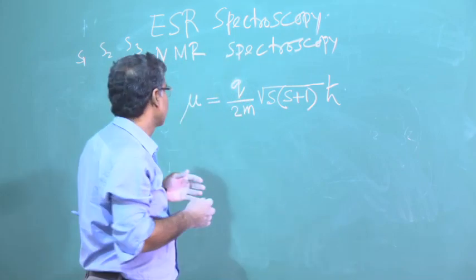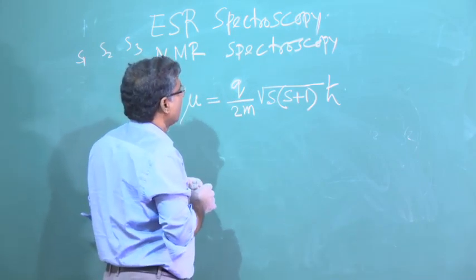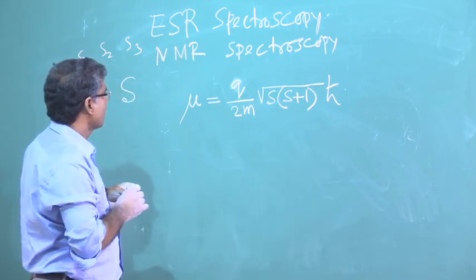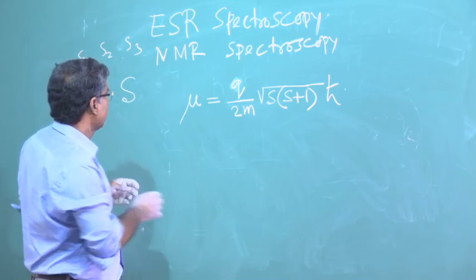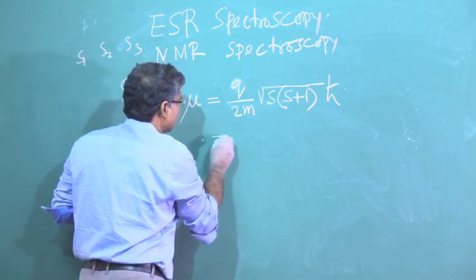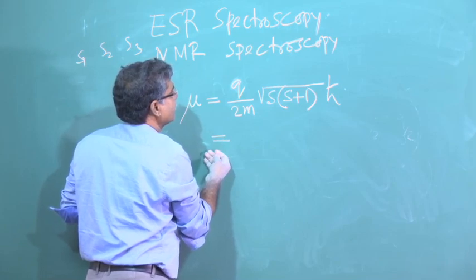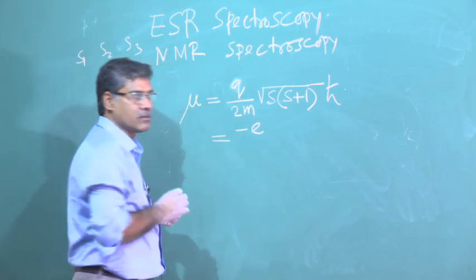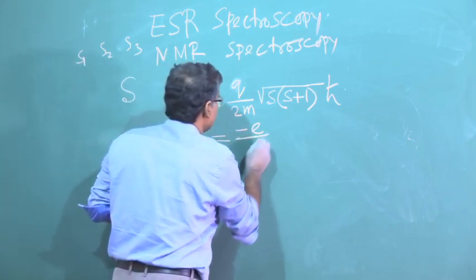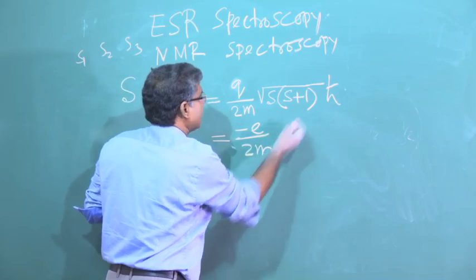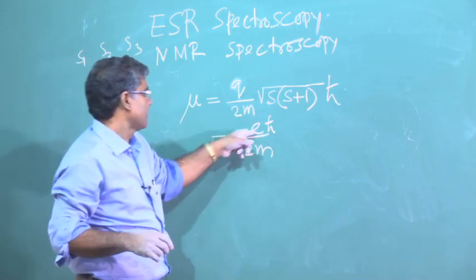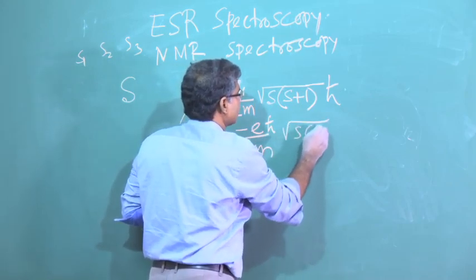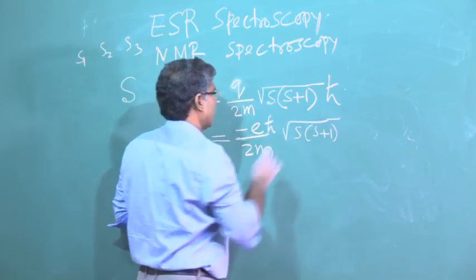Okay. So, for one electron, we can write generally mu S equals Q, which is minus E for electron, divided by 2m, times E H cross, times square root of S(S plus 1).